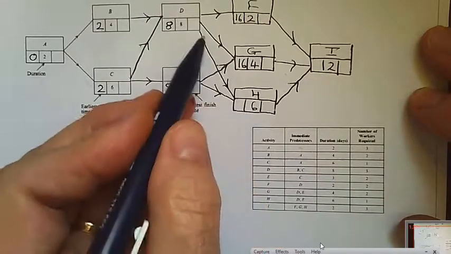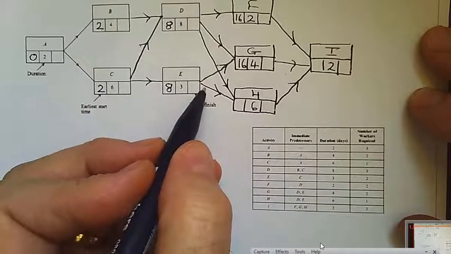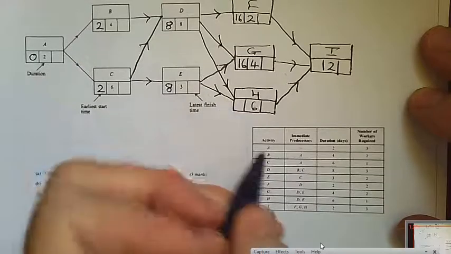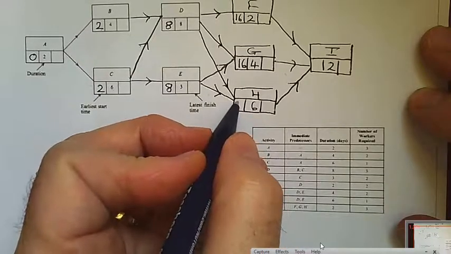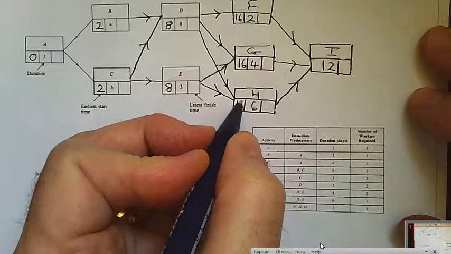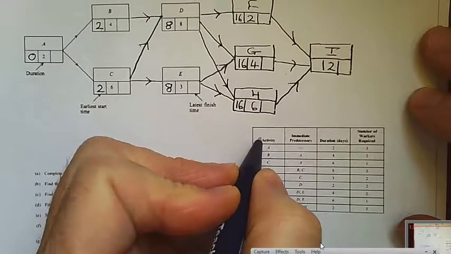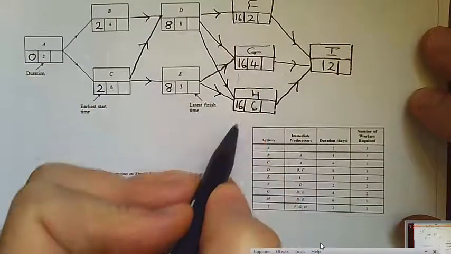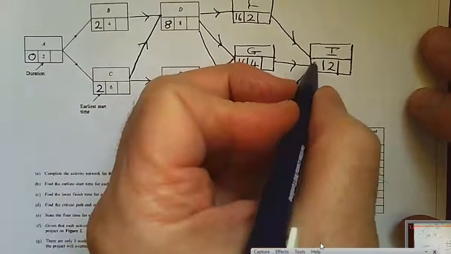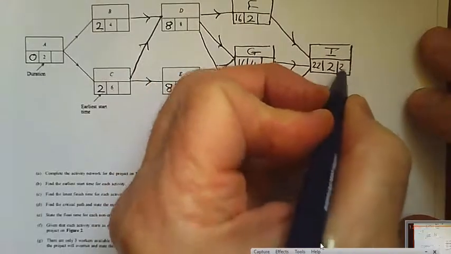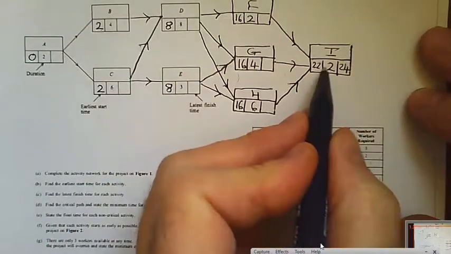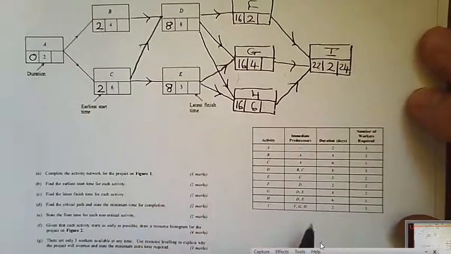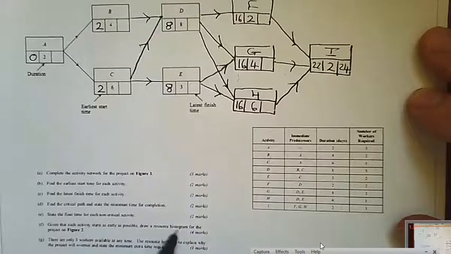Now to H. H is D and E, so again 16. And then finally to I, well, 18 here, 20 here, 22 here. Which means 22 plus 2 that we're going to require 24 days to complete every activity.